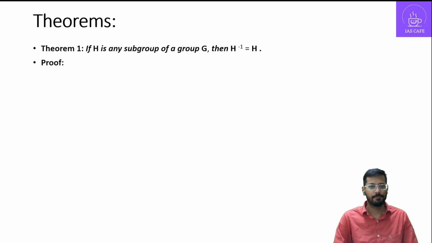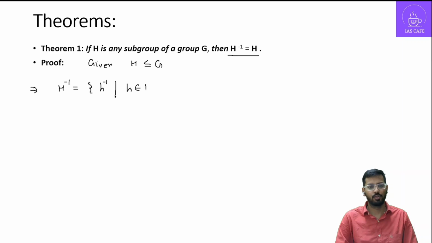So here, given that H is a subgroup of G, we have to prove that H inverse is equal to H. First we will define H inverse. H inverse is equal to the set of h inverse such that h belongs to H. Now we have to prove that H inverse is equal to H.